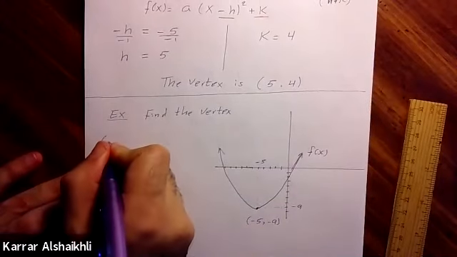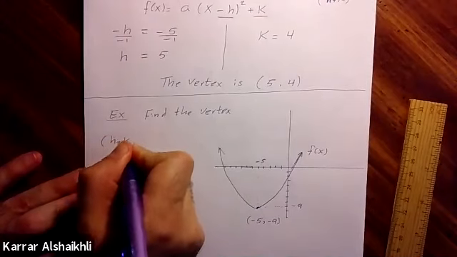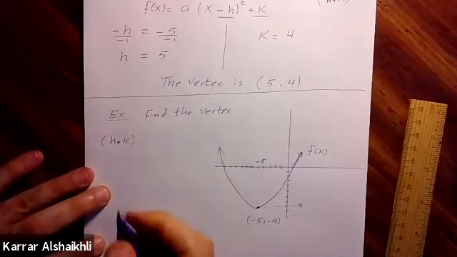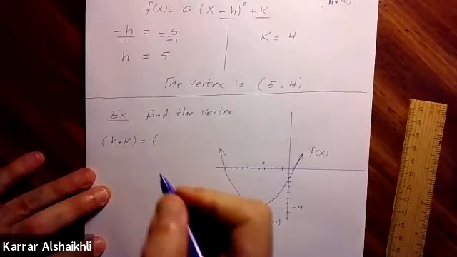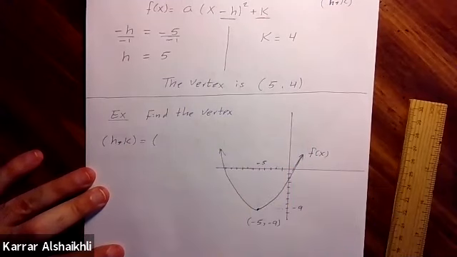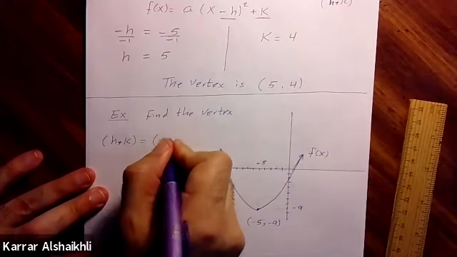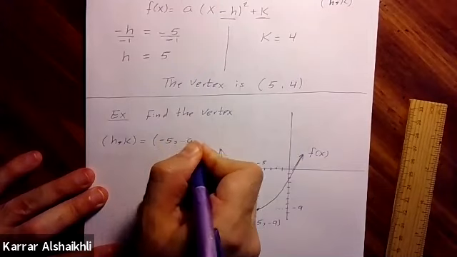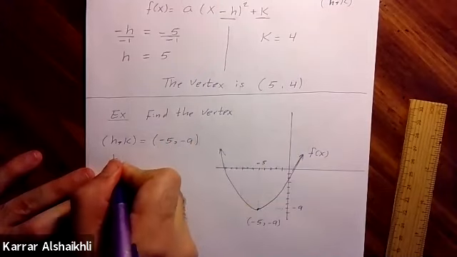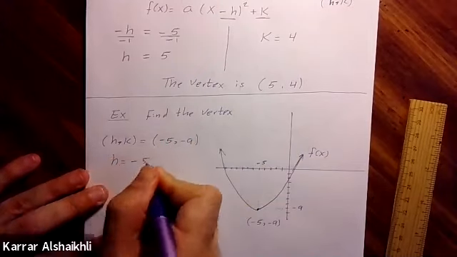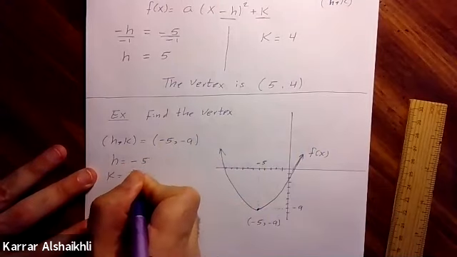So if they ask you to find the vertex h and k, and you have only a graph, you have to locate the minimum point. The same thing if you have another graph like this, where it's going to be the maximum point. So now this is -5 and -9. That means h equal -5, k equal -9.